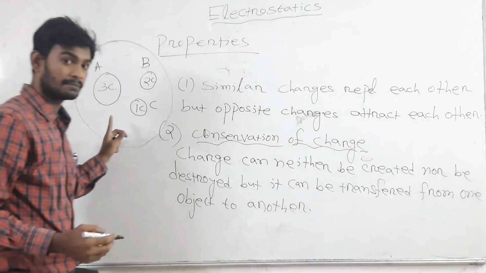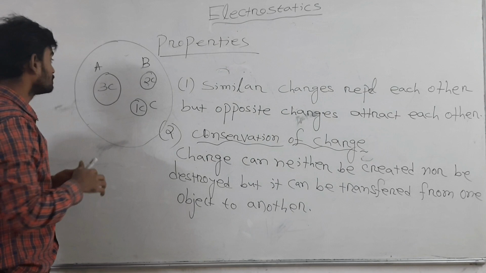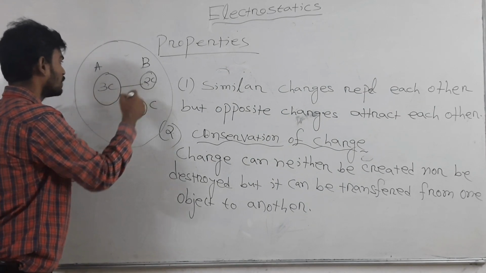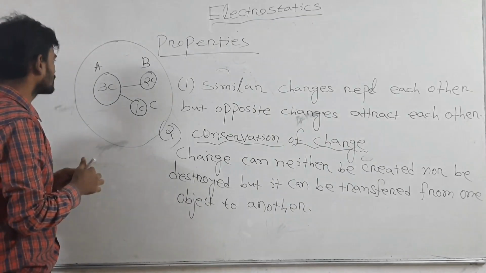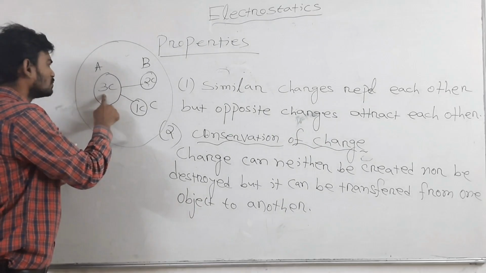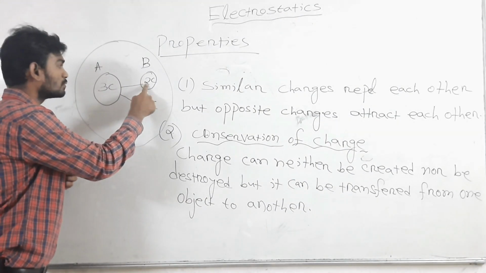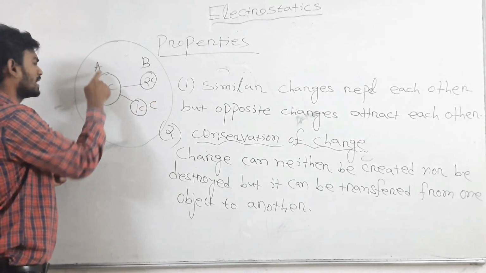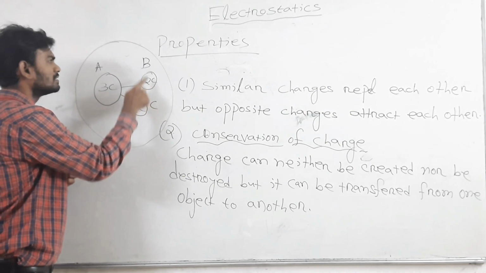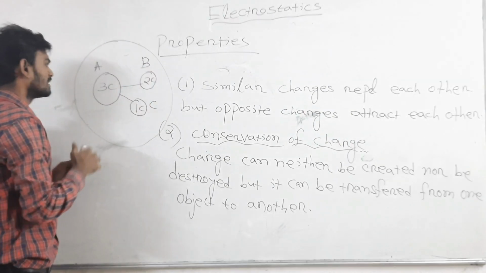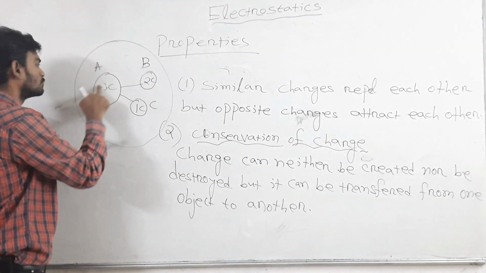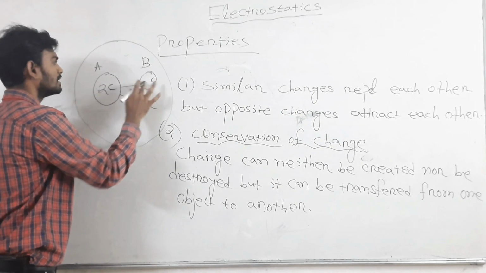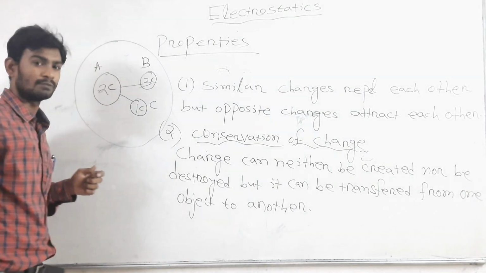But if it is connected through a wire, then what will happen? Suppose 1 coulomb of charge from A is transferred to object B. Then A will be 2 coulomb, B will be 3 coulomb, and C will be 1 coulomb.